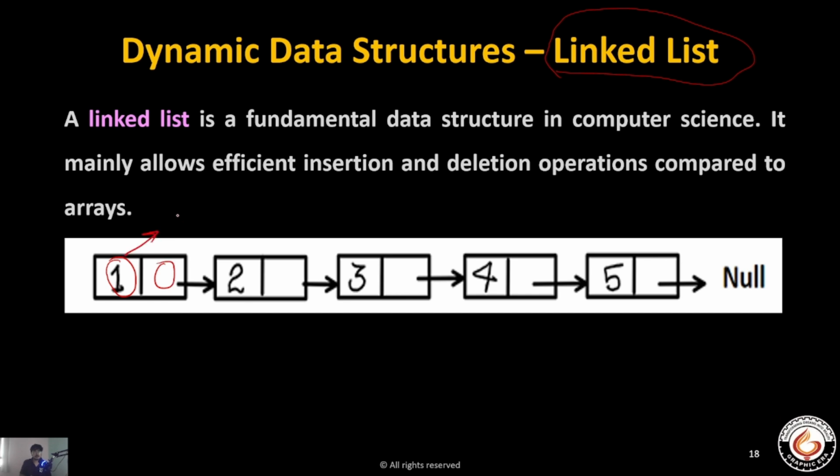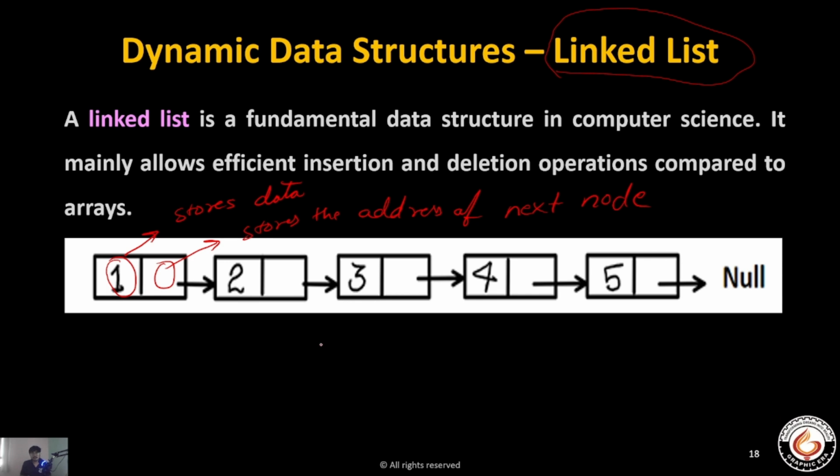The first part always stores data, and the second part always stores the address of the next node. Or we can say it points to another node. So how is it more efficient for insertion and deletion operations in a linked list as compared to an array?